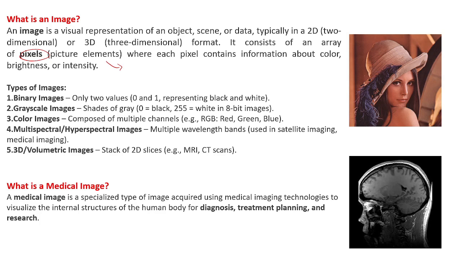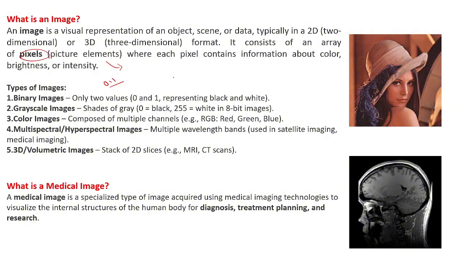There are different types of image. There are binary images. Binary, we know, is 0 and 1. That's called a binary image, where 0 represents black and 1 represents white. So a black and white image is called a binary image. The next one is the grayscale image, with shades of gray.